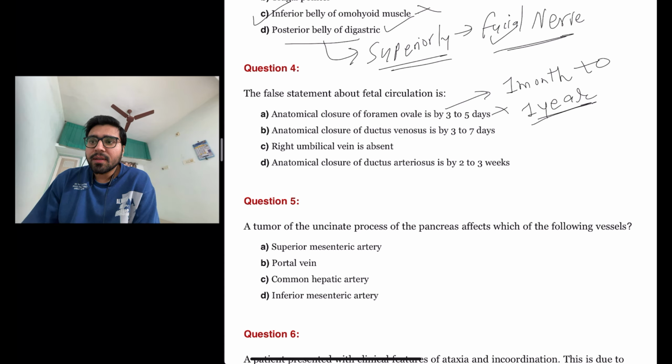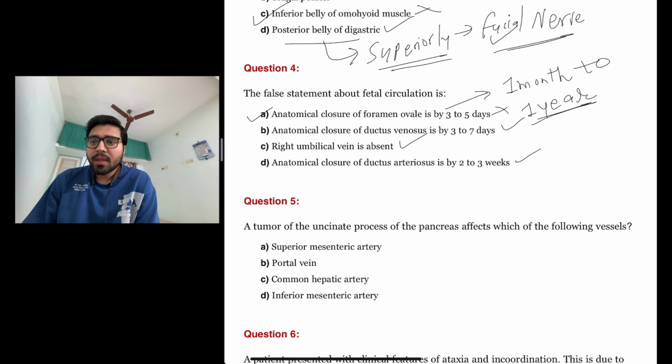So that is a wrong statement. The anatomical closure of ductus arteriosus is by 3 to 7 days, this one is true. Right umbilical vein is absent. Yes, left umbilical vein is left behind, but right umbilical vein is absent. And the anatomical closure of ductus arteriosus is by 2 to 3 weeks, this one is also true. So the answer here is A.